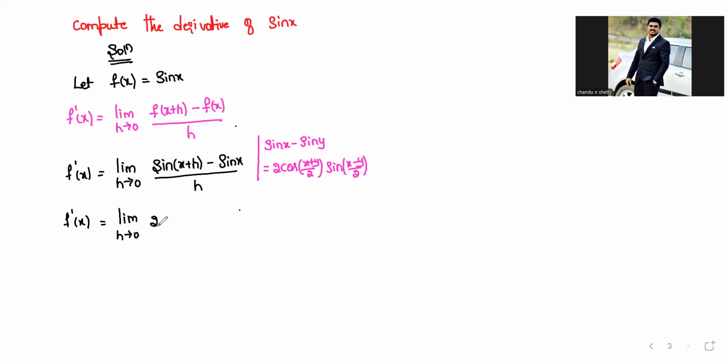So 2 cos of (x plus h plus x) by 2, and again sin of (x plus h minus x) by 2, whole divided by h. Is it clear to all of you?